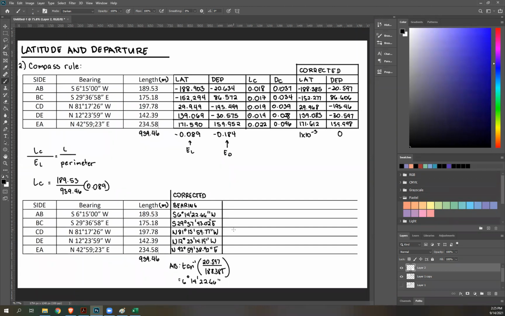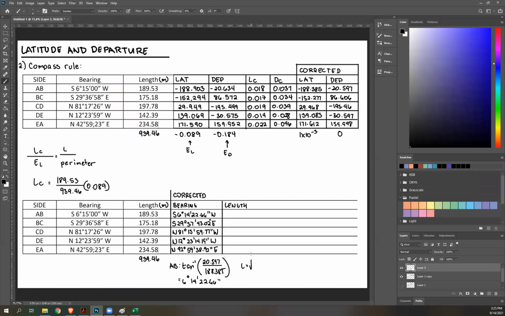The final thing to correct to complete all of our values is the corrected length. That's the square root of latitude squared plus departure squared. So again, let's do line AB.